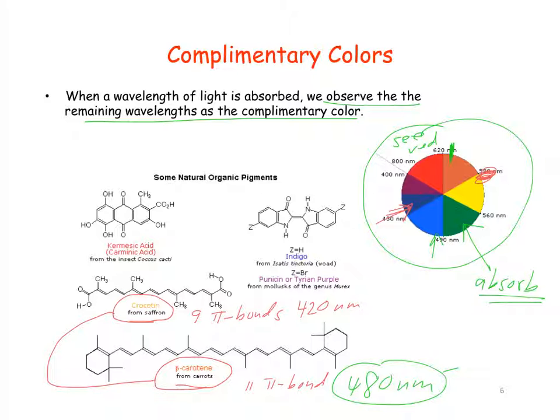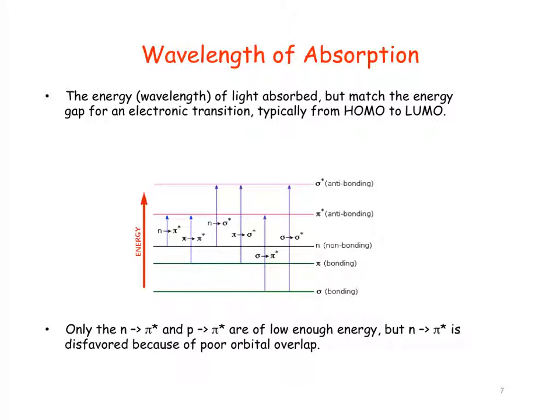All right, so let's see what actually happens. I mentioned that what's happening in ultraviolet and visible light is that light is absorbed and an electron is hopped from one orbital to another.